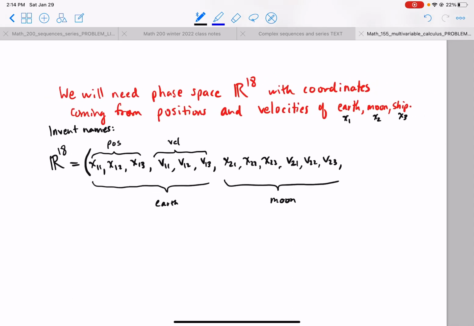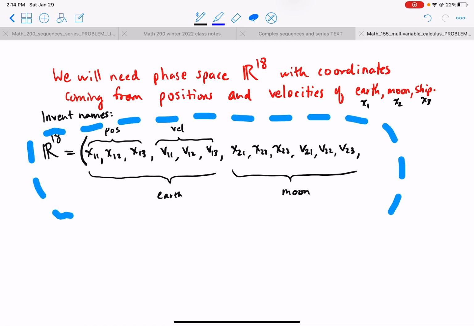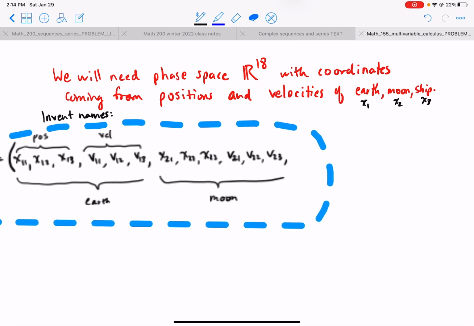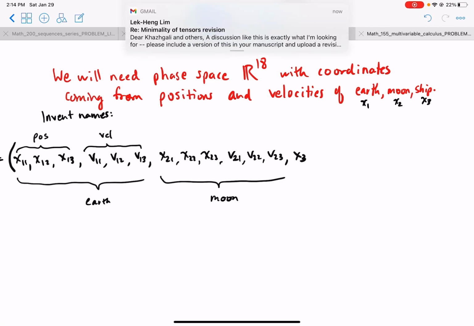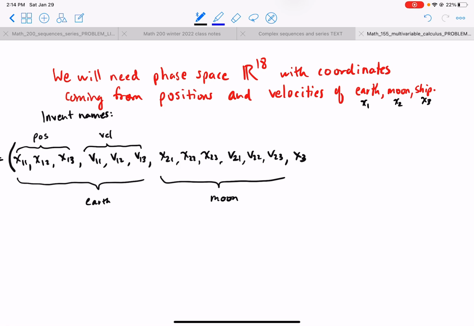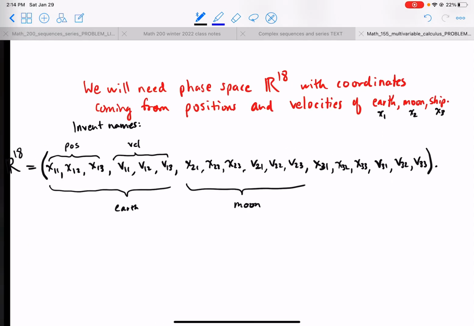We need more coordinates. Oh my goodness, I need to give myself more room. Okay, we still need our spaceship. The position will be x3, and it'll have x31, x32, x33. Velocity will be v for velocity: v31, v32, v33. Okay. So that is our space.